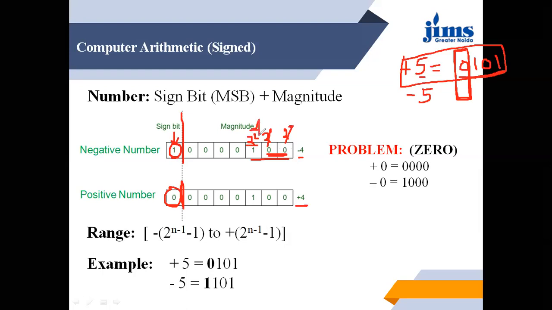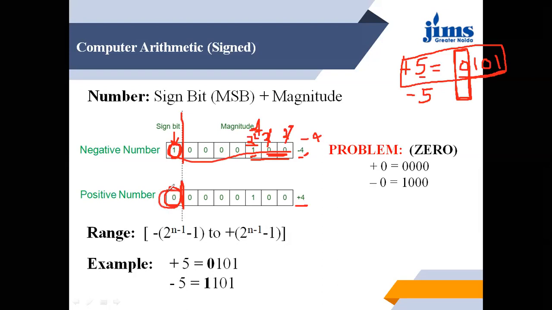So when this 4 is multiplied by 1, we get 4. And because of the 1 in the MSB, it represents that this is minus 4. And when it is a positive number, it is represented by 0.